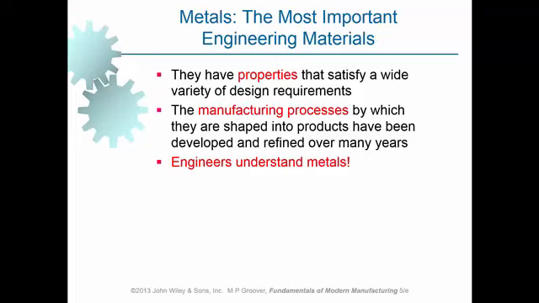We can find some types of metallic materials that are extremely hard, in a way that they can be used as cutting tools in order to cut other metals, and even non-metals.